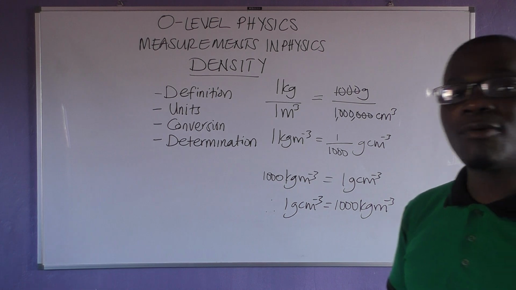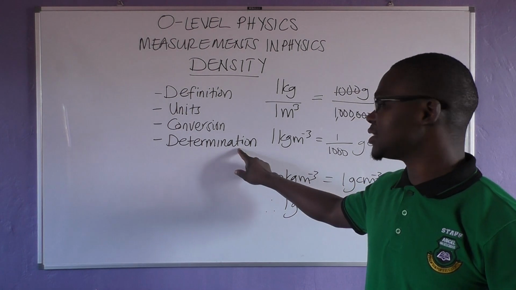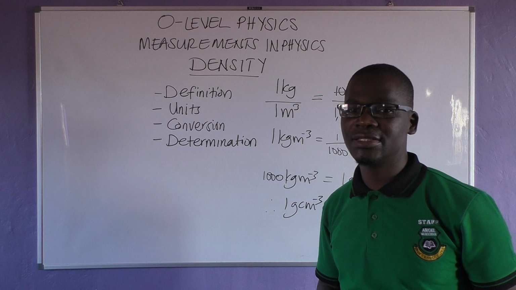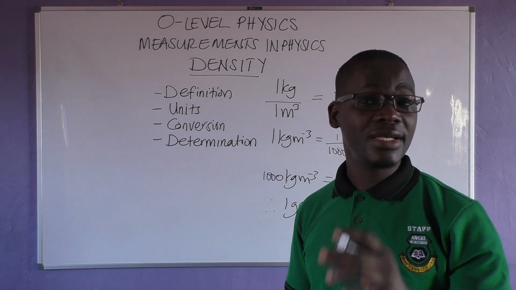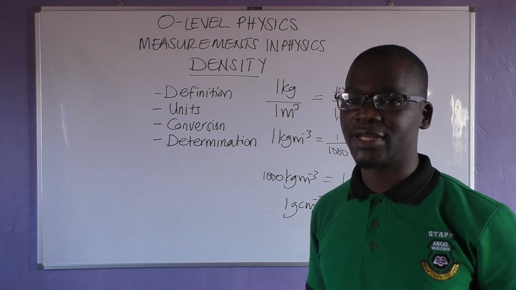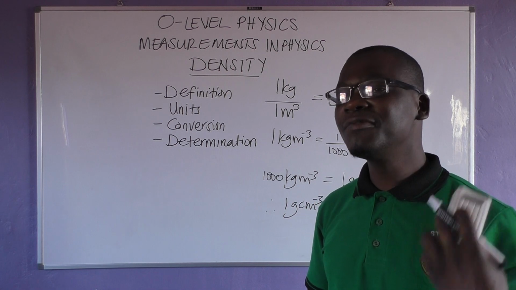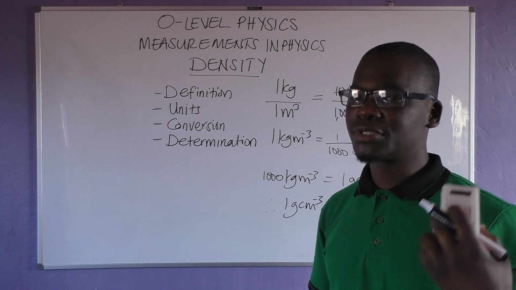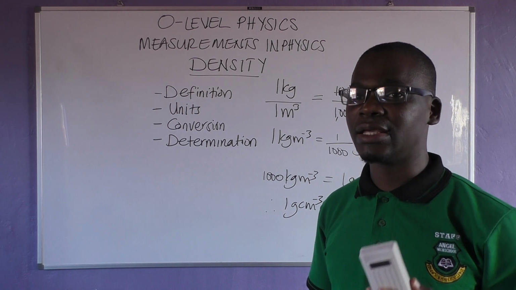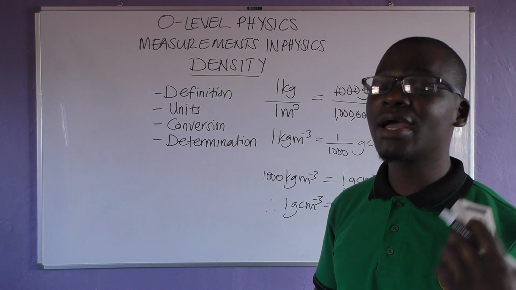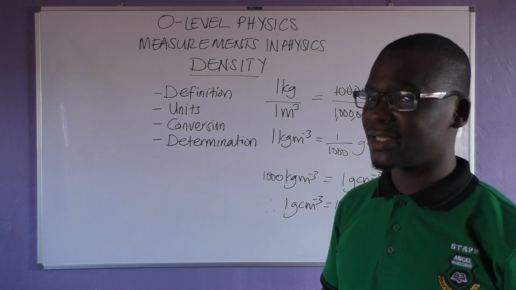Let us look at our last part, which is the determination of density. How do we determine density of different substances? Let us start with the density of solids. In our previous lessons, we saw how we get volume and how we get mass.